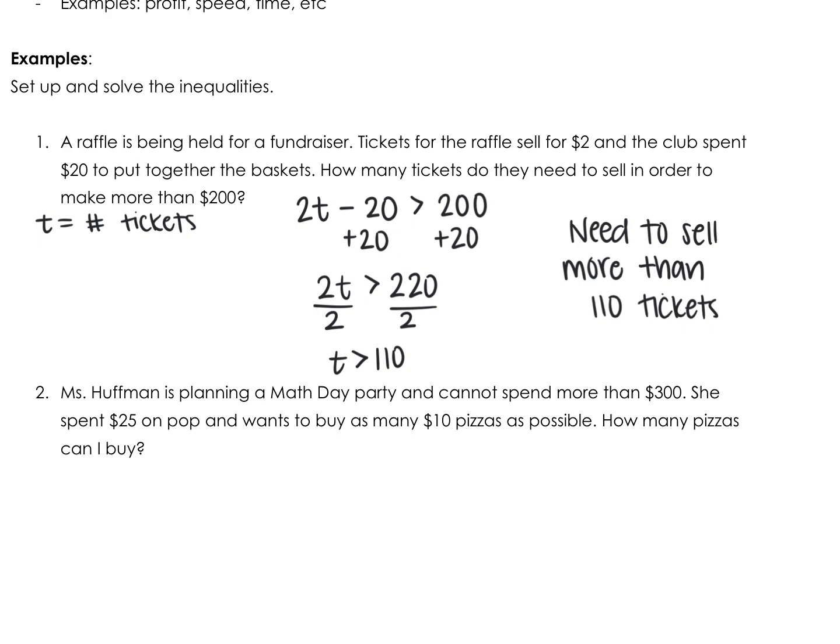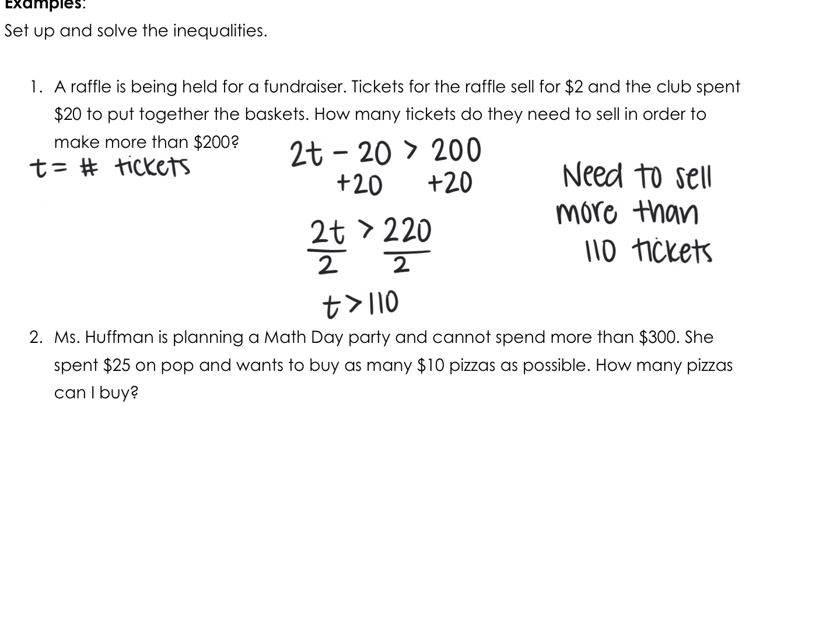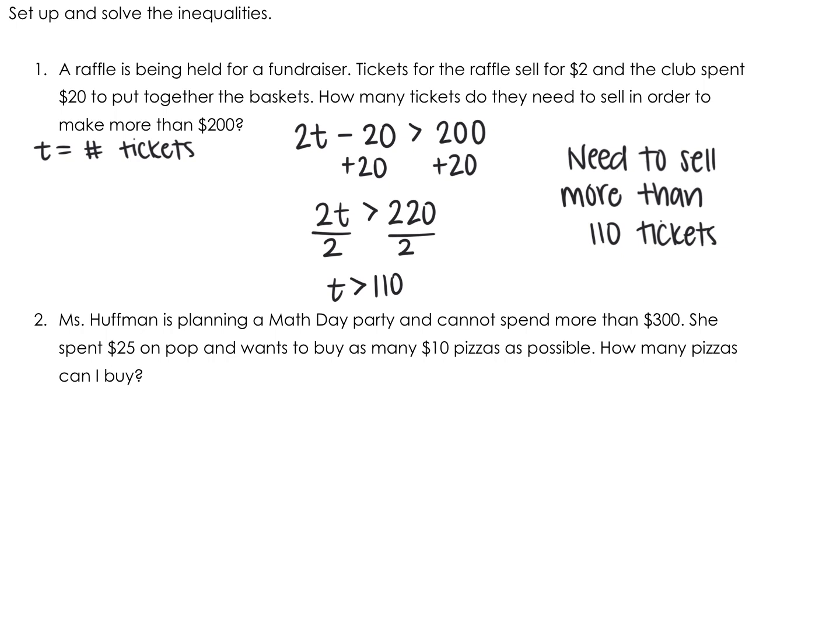For our second example, we have that Miss Huffman is planning a math day party and cannot spend more than $300. She spent $25 on pop and wants to buy as many $10 pizzas as possible. How many pizzas can I buy? So for our equation side, we'll let P be our number of pizzas. So it's going to be $10 a pizza, so 10P.